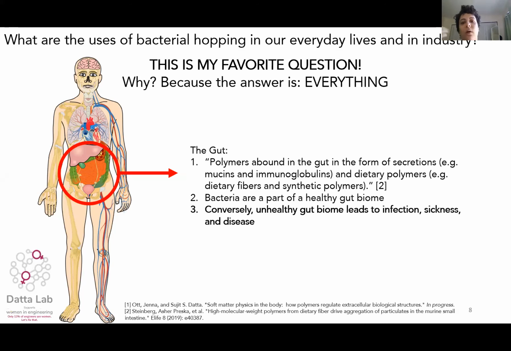And then, of course, we've all had some sort of stomach flu or some sort of digestive issue where the bacteria are not working as they're supposed to, and something is wrong, which can lead to infection, sickness, or disease. So, of course, hopping and trapping is important here.